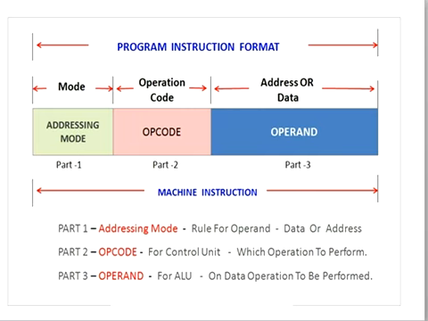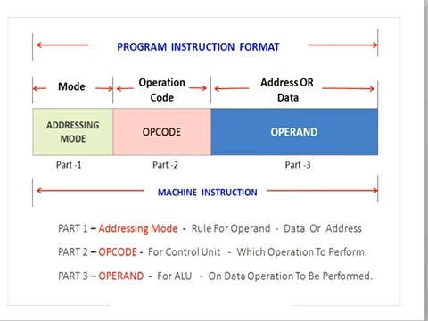If the 15th bit is 0, it indicates direct addressing. If the 15th bit is 1, it indicates indirect addressing. Here the representation is: addressing mode I, opcode, and address. The size of the opcode is 3 bits, and the operand address is 12 bits.